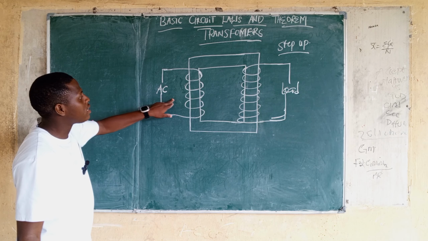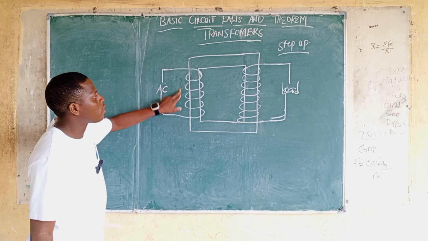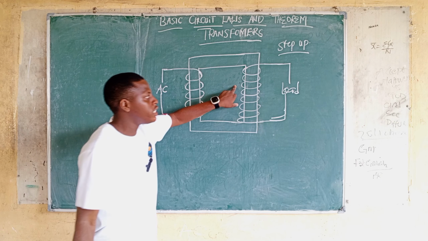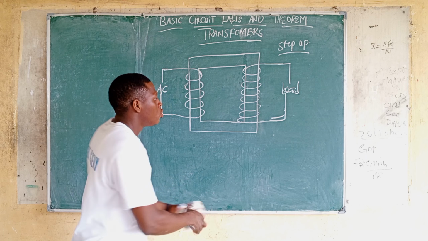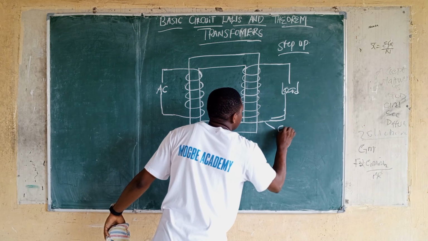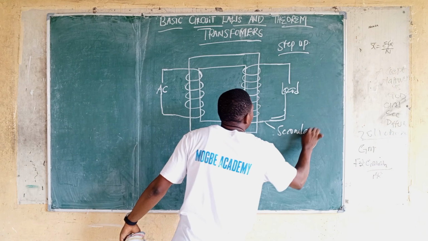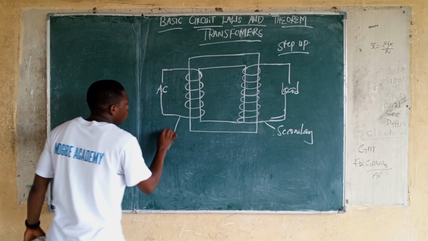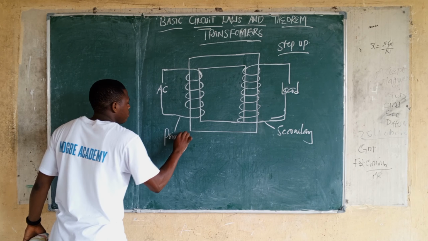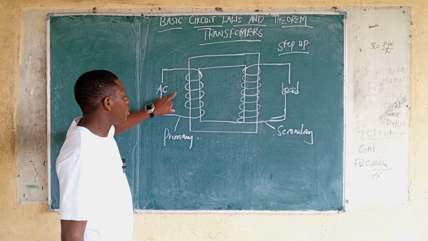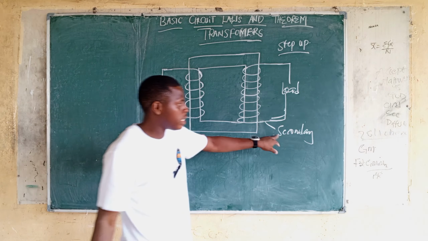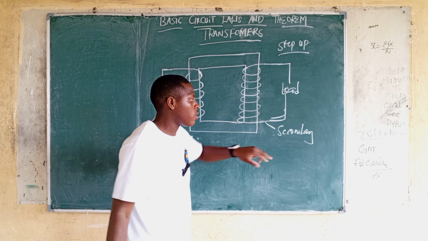Now, current enters the primary side of the transformer, and voltage is being induced in the secondary side of the transformer. So we know that this side is the secondary, while this side is called the primary. And I told you current enters in the primary, and voltage is induced in the secondary.